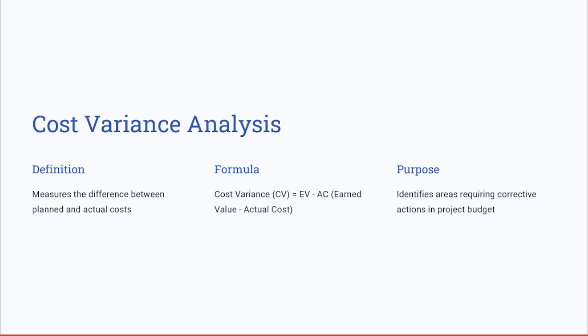The value you have here is minus 10,000. That means that you have a budget issue or overrun. And such insights with a negative value enable project managers to focus on areas that need immediate corrective actions, ensuring financial discipline.